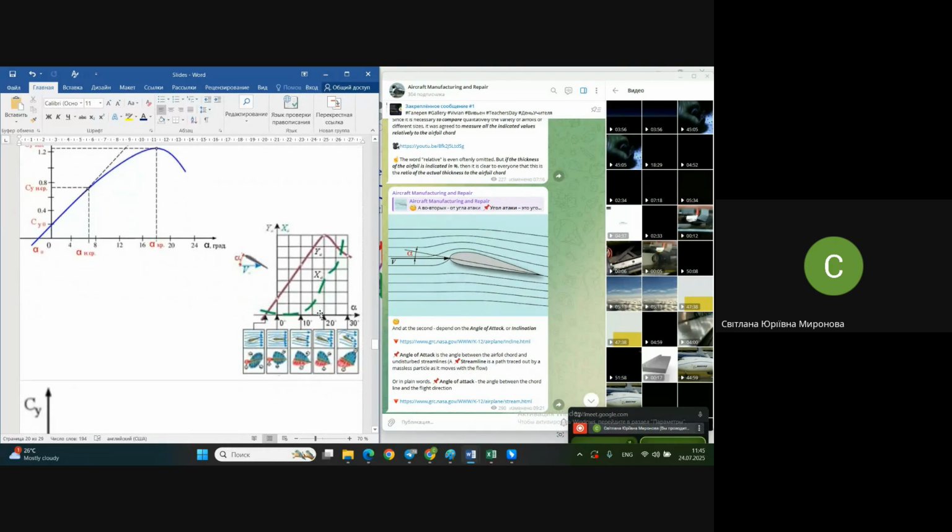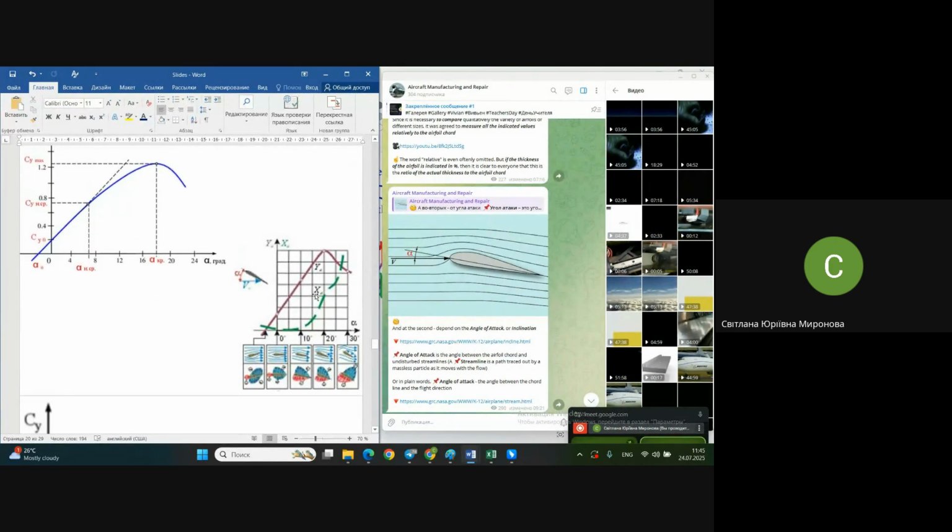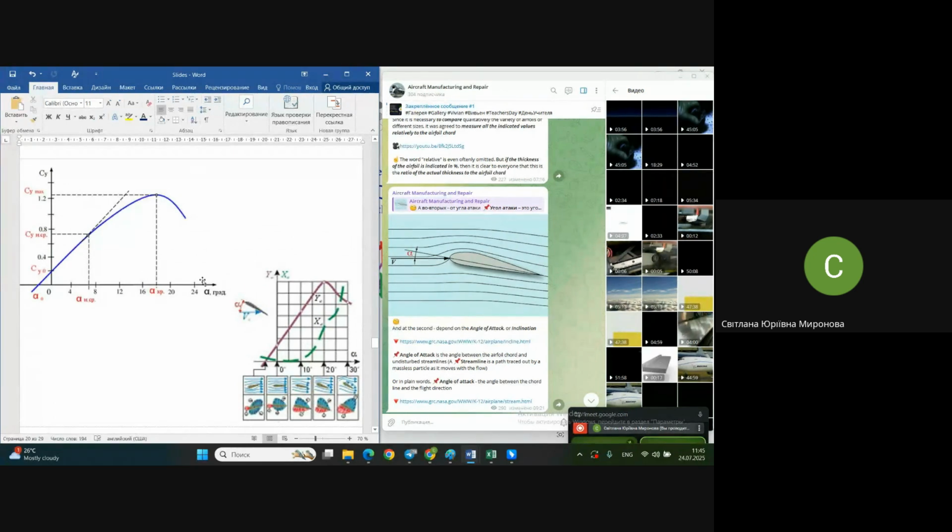And of course, they should be studied for each particular profile. They exist as information supplied to designers, and it's studied in aerodynamical laboratories, as I already mentioned. Not much explaining, but at least we mentioned it.